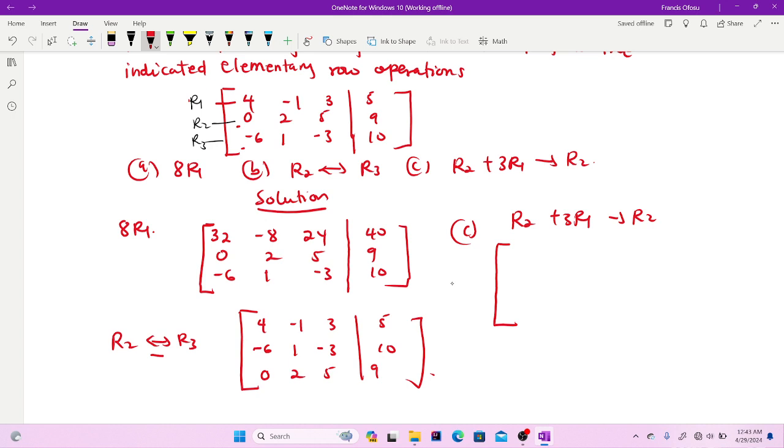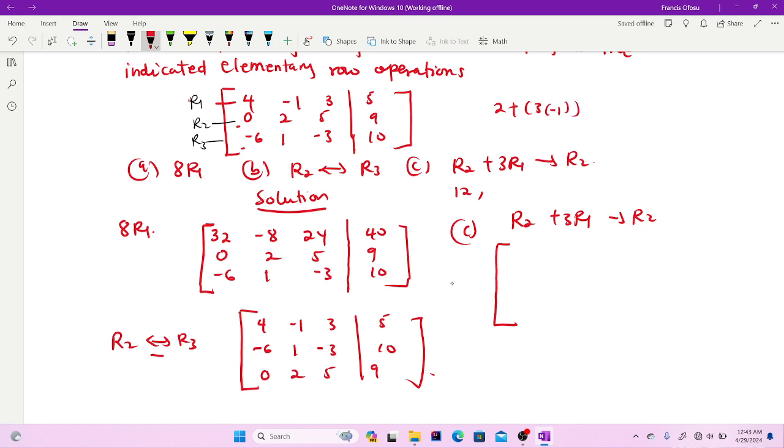What will it be? Our R2, the first entry is 0. 0 plus 3 times my R1, which is 4, will give me 12, right? So you have 12, comma. Then the second part, R2, which is 2, plus 3 times -1.